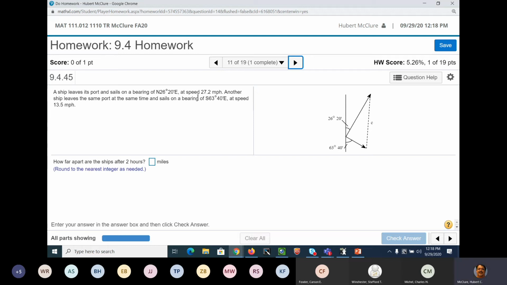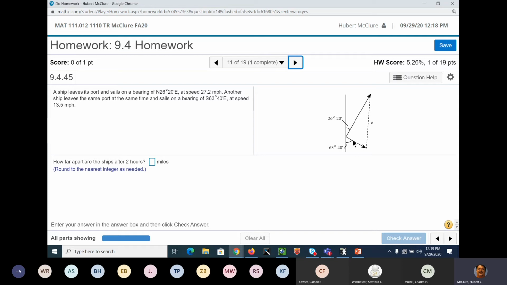Okay, so 2 hours, this is 27, so that would be 54.4 this way, and this way should be 27 miles per hour.